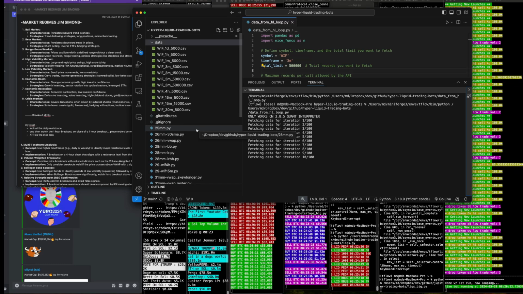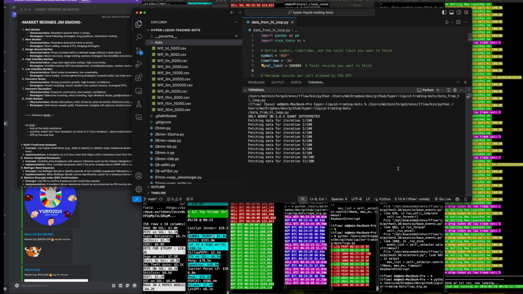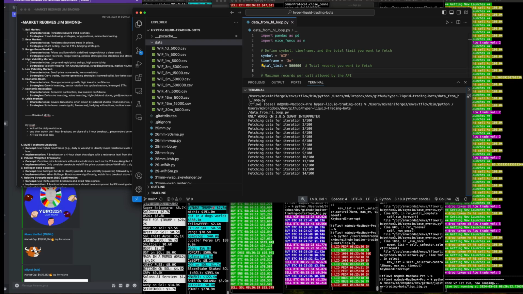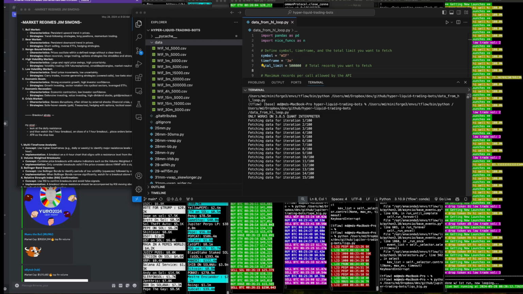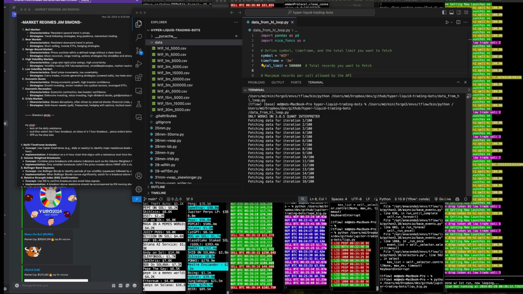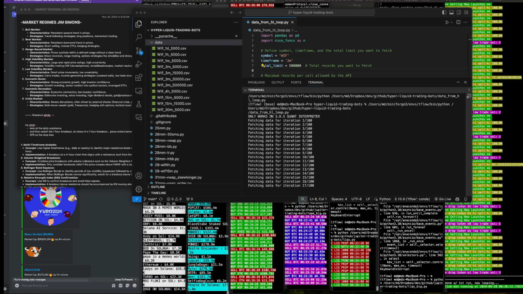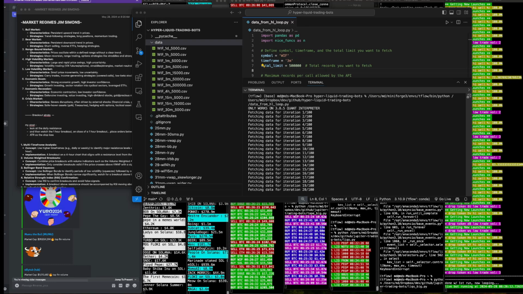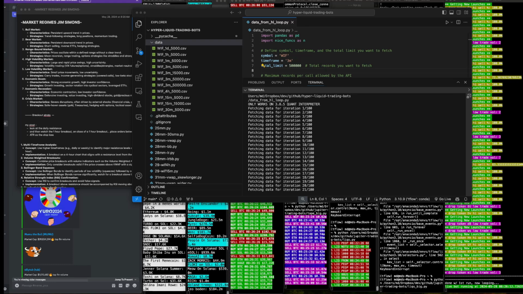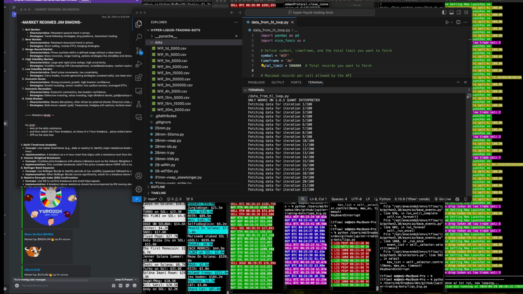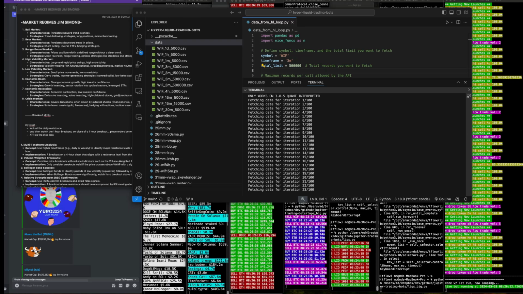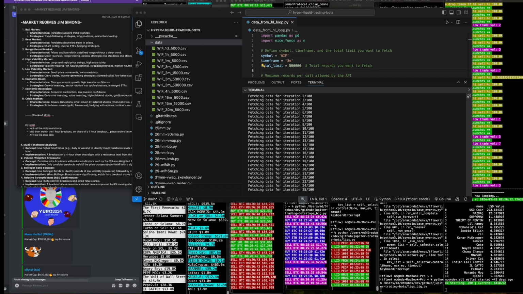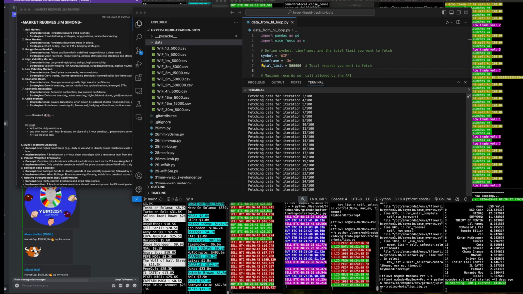I just want to see if this concept is semi-good. So let's do that. Let's go ahead and see if we can get a quick backtest going.